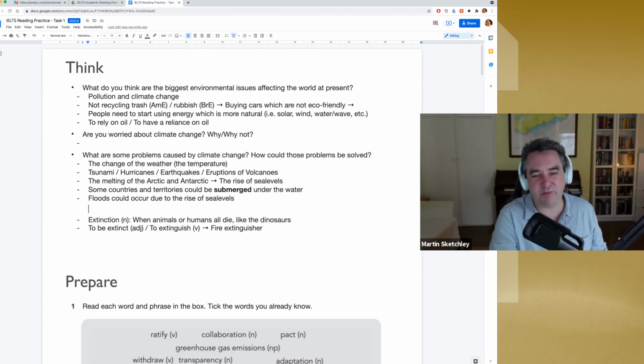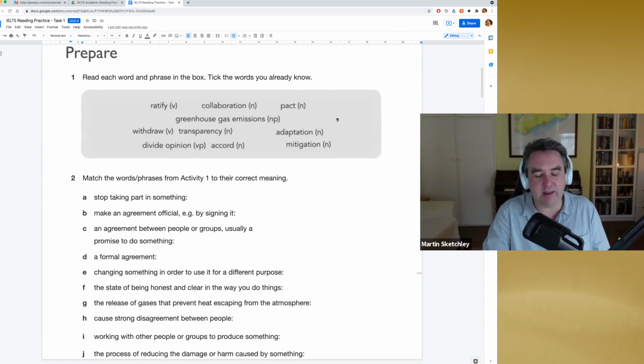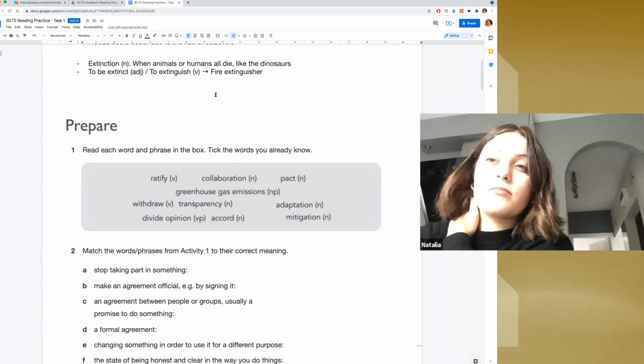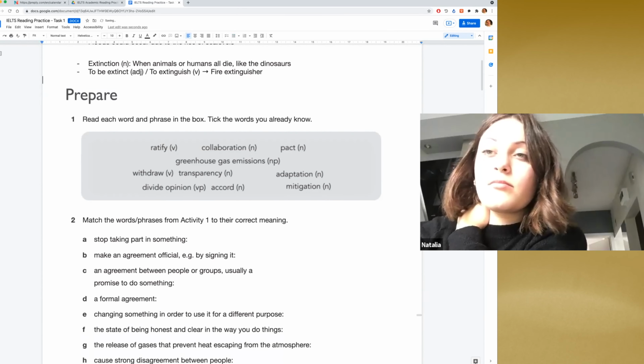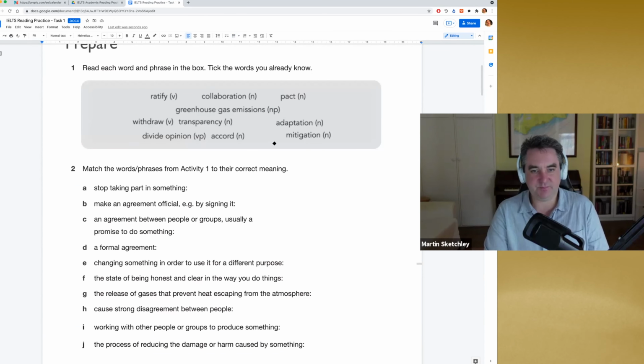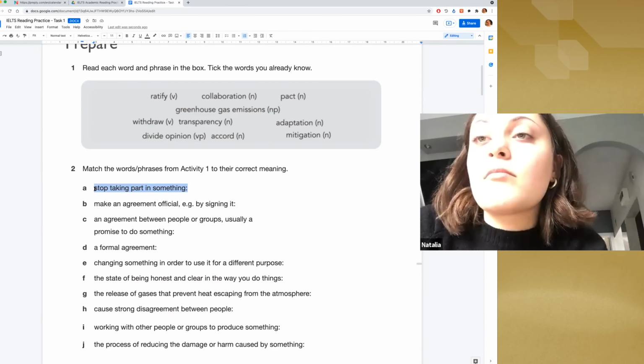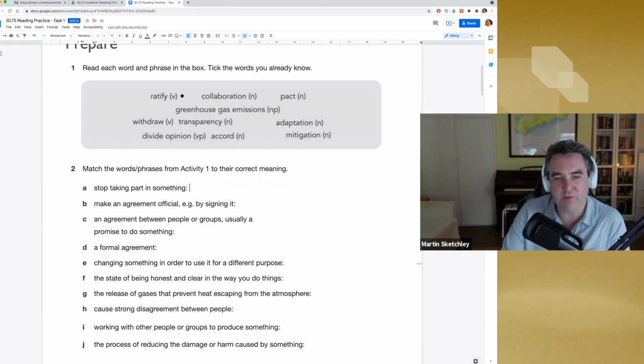So we've gone through quite a few questions and some of the vocabulary. What I've got below, different words: verbs, nouns, noun phrases, verb phrases, etc. What I'd like you to do is look at the definition, the meaning, and think of what word would connect with it.